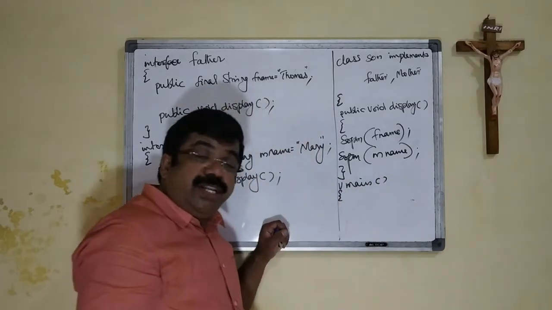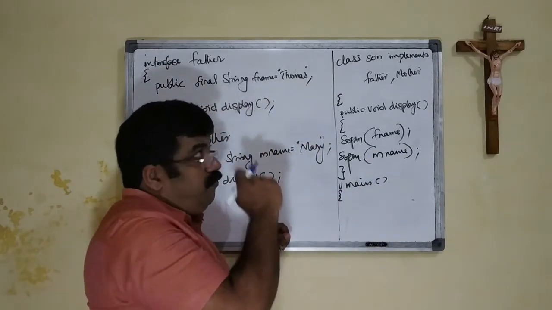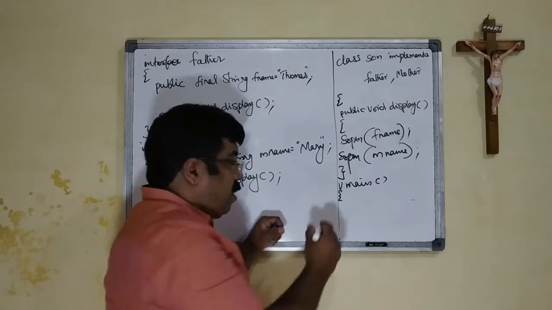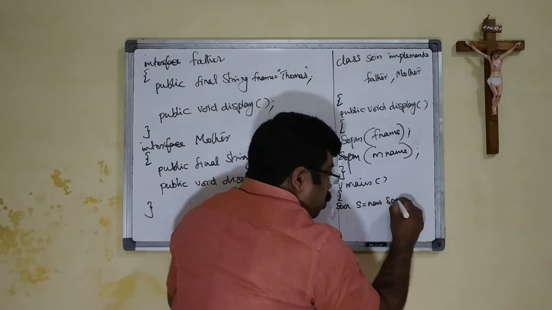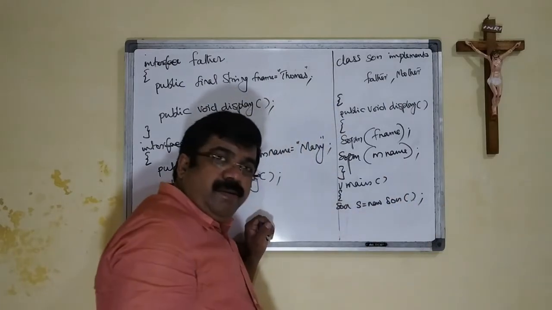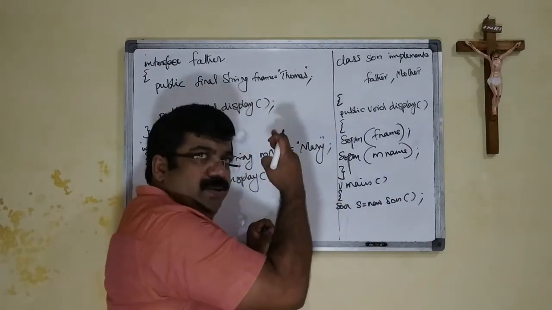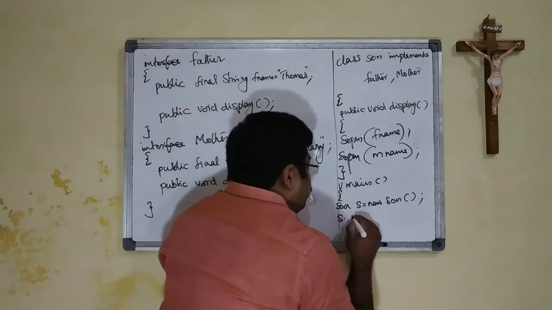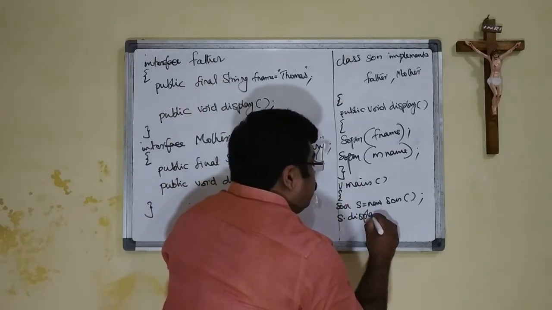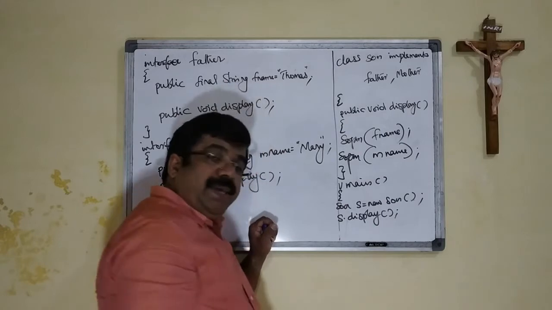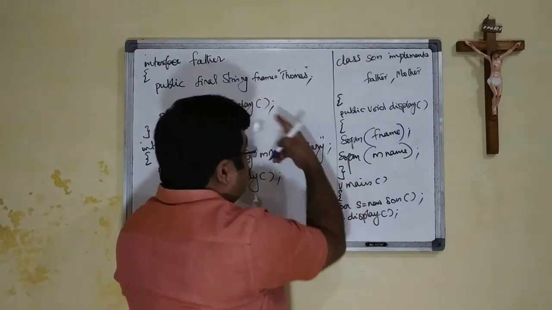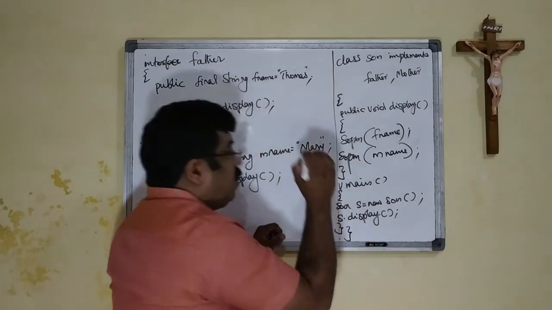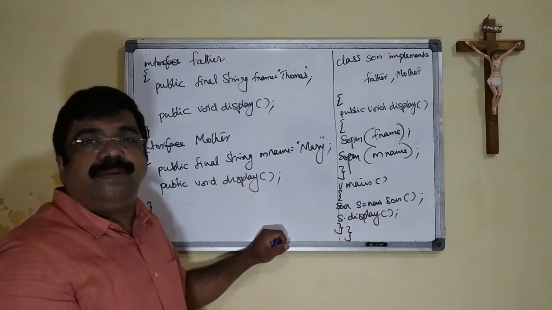We are going to create the object for whom? For the class Son. Son s is equal to new Son, just to call the member function. s dot display. So main is closed and then the class is closed.